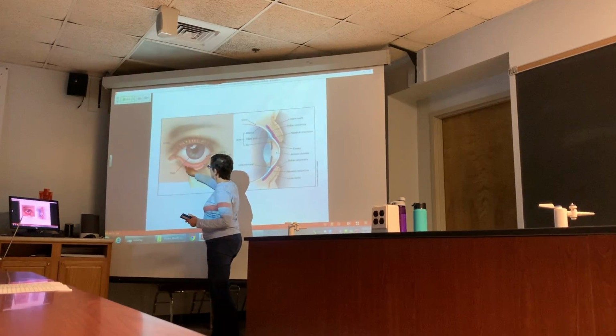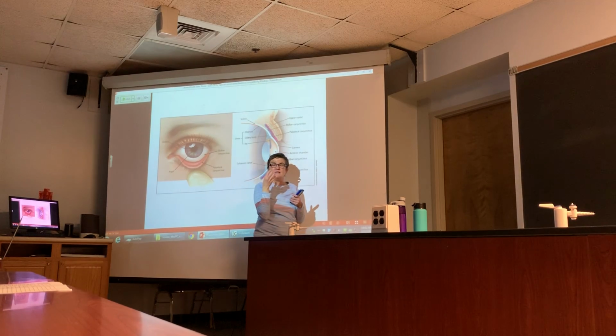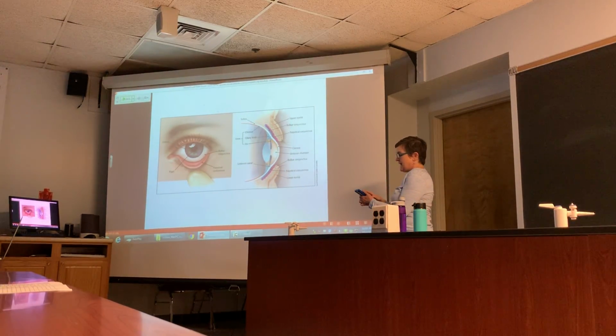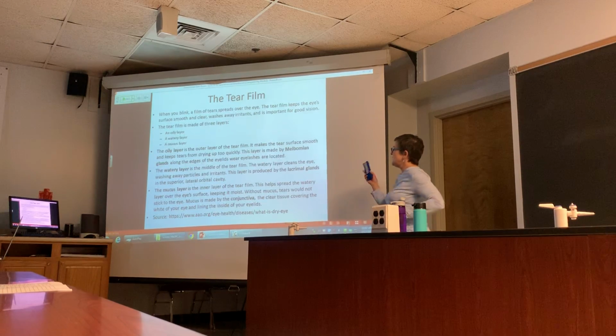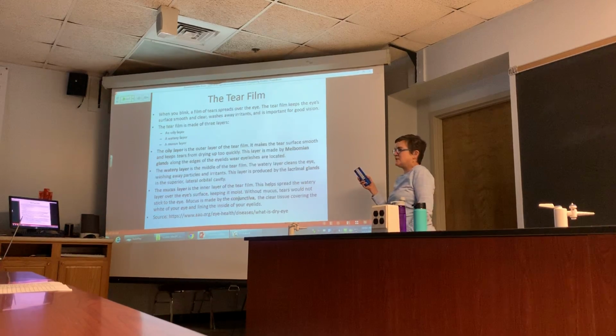These meibomian glands produce this oily layer that prevents the watery layer from drying up too quickly. Sometimes the ducts of the meibomian glands get blocked, and that prevents you from having that oily layer, which leads to dry eye. So one cause of dry eye can be meibomian gland problems.